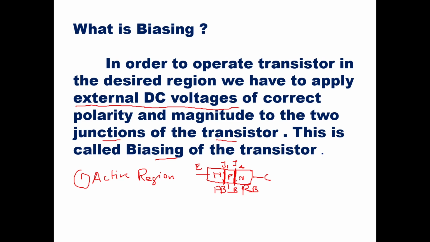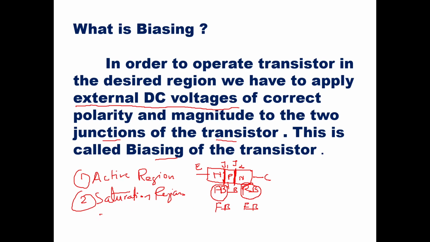So what is the active region? In the active region, one thing you have to remember is the first junction will be forward biased and the second junction will be reverse biased. Similarly, for the saturation region, the first junction should be forward biased and the second junction also forward biased.